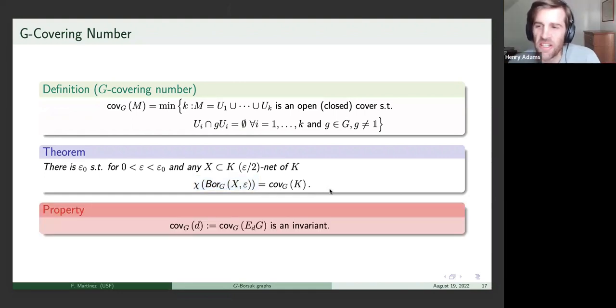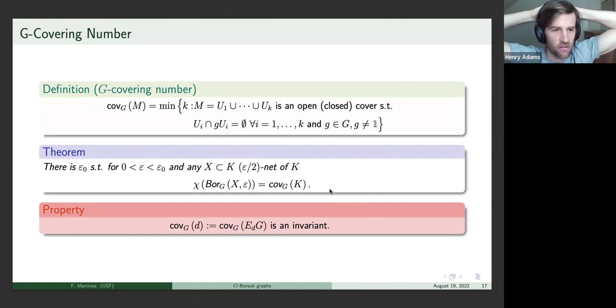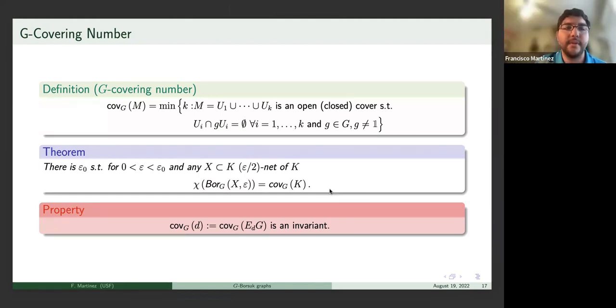Francisco, can I interrupt again? Yes. I'm just trying to parse this. So the case G is Z mod 2, acting antipodally on M, which is the N sphere, right? So this covering number is the minimum number of closed or open sets you would need so that no set contains antipodal points. Is that right? Exactly. Okay.